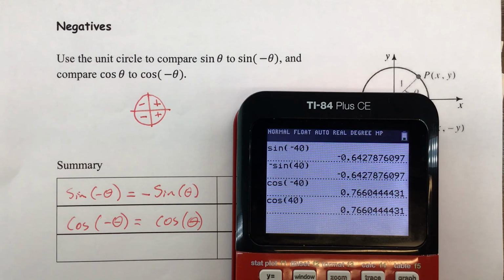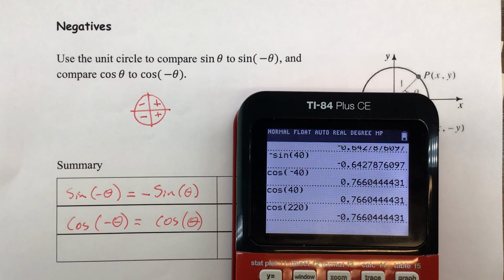Let's just do a really large number. Cosine of 220 degrees gives us that number. Ooh, coincidentally the same thing here. What would that mean? That means that its reference angle is the same, right? 220 is actually 40 away from 180. So let's type in the cosine of negative 220 and see that we get the same answer again.